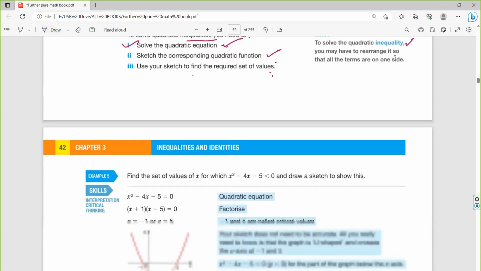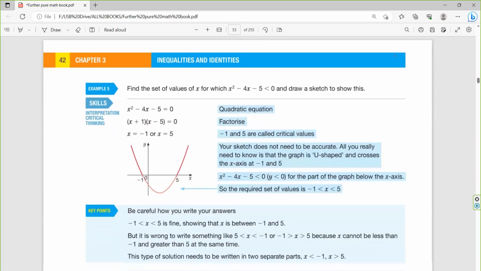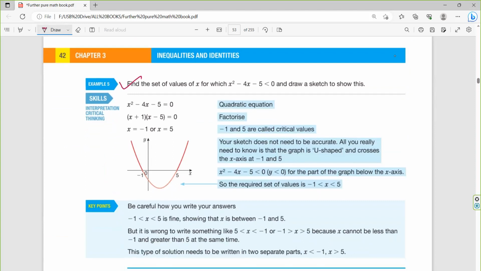Now see, this is our question. Find the set of values of x for which this quadratic inequality, x square minus 4x minus 5 less than 0, holds, and draw a sketch to show this.